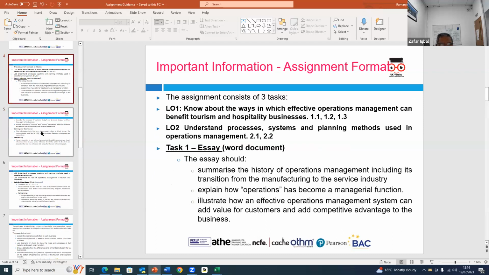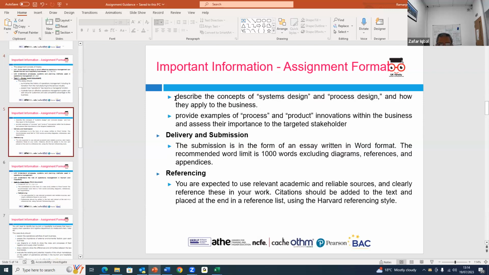The whole of task 1 is an essay. So 2.1 says describe the concept of systems design and process design and how they apply to the business. And the second criterion, 2.2, is to provide examples of process and product innovations within the business and assess their importance to the targeted shareholders.